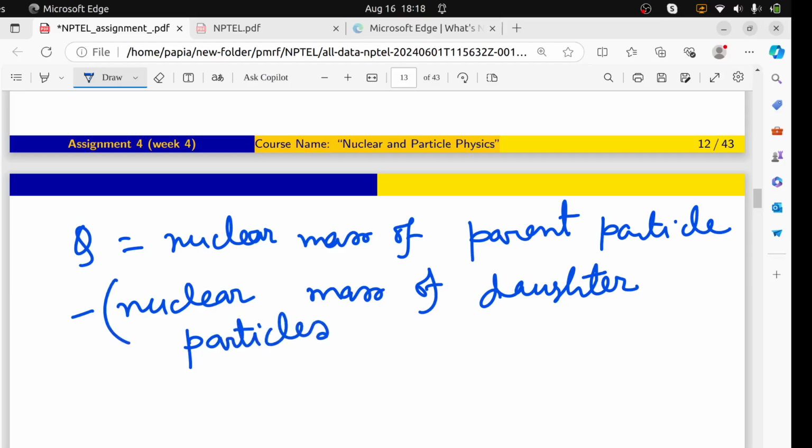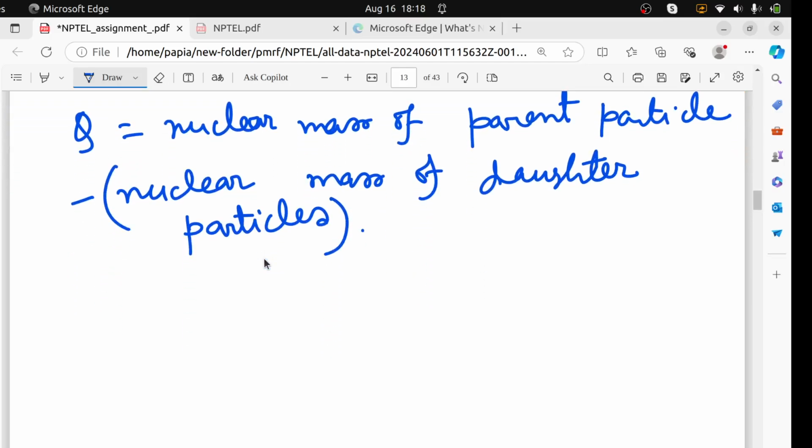Why am I writing particles? Because after the decay there may be more than one particle present. So whatever particles are there in the final state, all the nuclear masses of these daughter particles will be added, and then subtracted from the nuclear mass of the parent particle. That will give the Q value. Okay, so this is the expression in terms of nuclear mass.